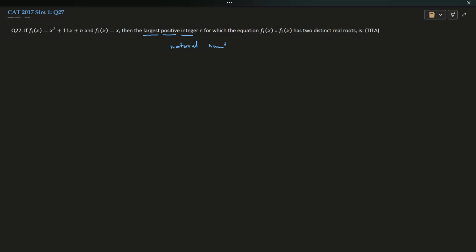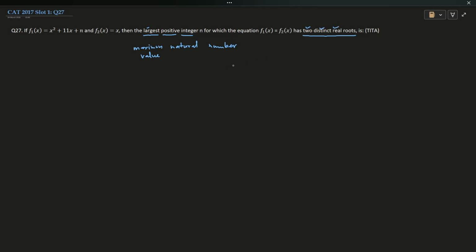I need to find the maximum value of the natural number for which the equation f1 of x equal to f2 of x has two distinct real roots.